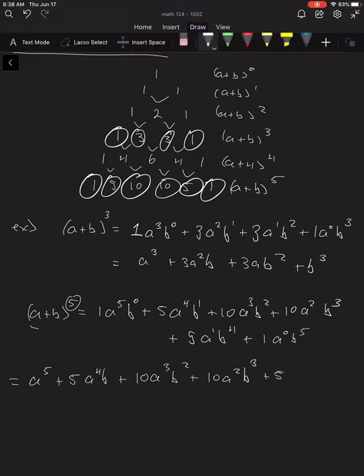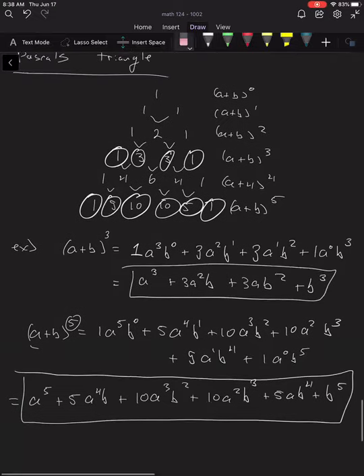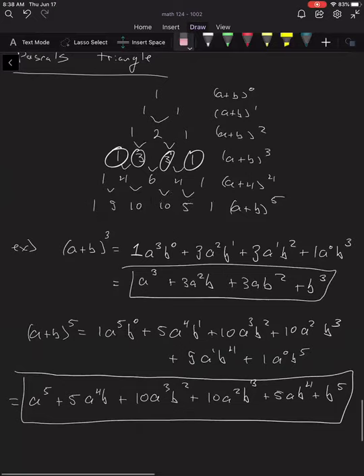And then we had our 5ab to the 4, and then b to the 5. So put a box around this one as well. Okay, so that's basically the pattern, how we can simplify these. So let's erase all these circles.